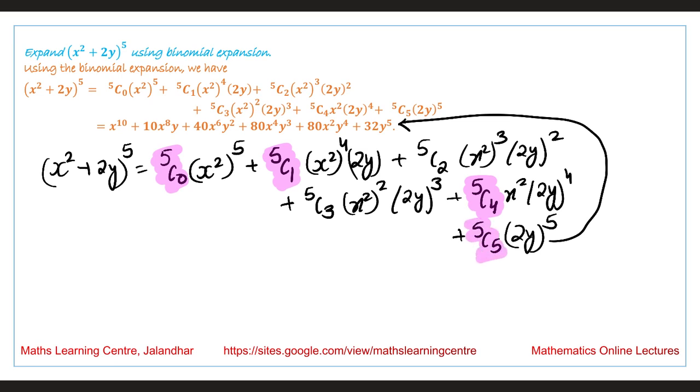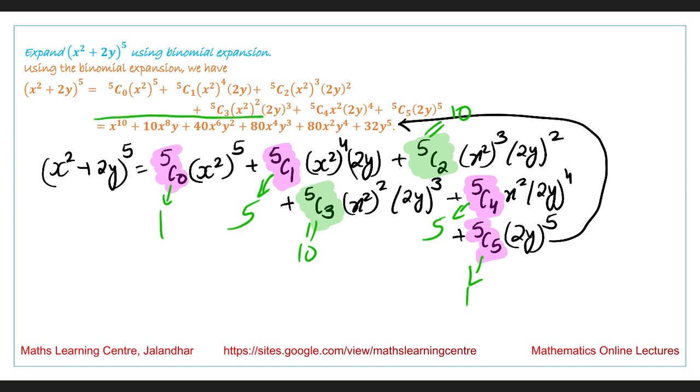The value of 5c2 is 10, and similarly 5c3 will be equal to 10. So the values are 1, 5, 10, 10, 5, 1. When we expand and simplify these values, we obtain the final answer in this form.